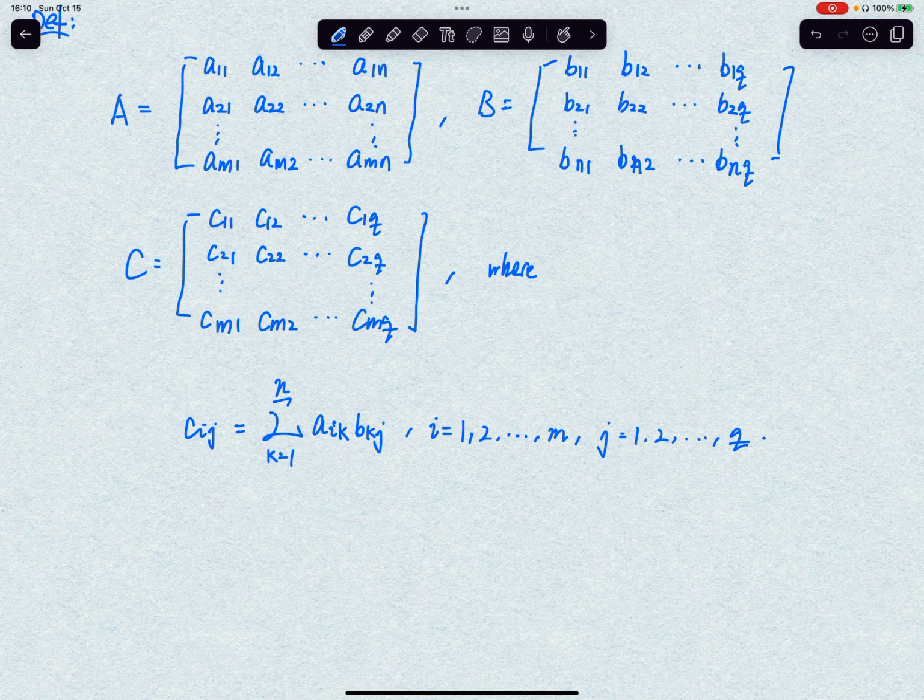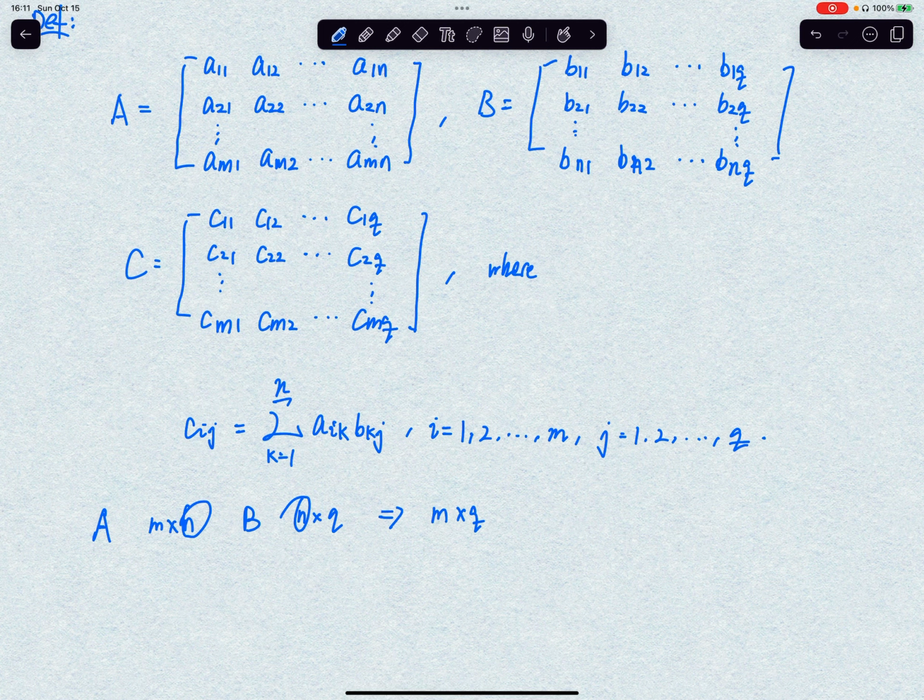So obviously, the definition of AB shows that, for example, A is m by n, and B is n by q, and then their product is m by q. So we see that the number of columns of A and the number of rows of B have to coincide.